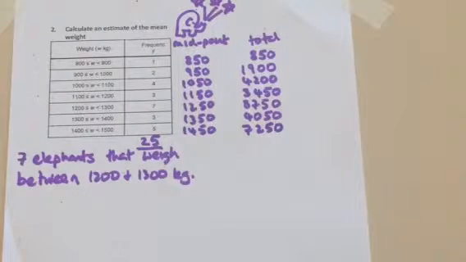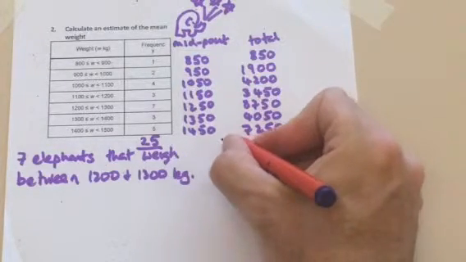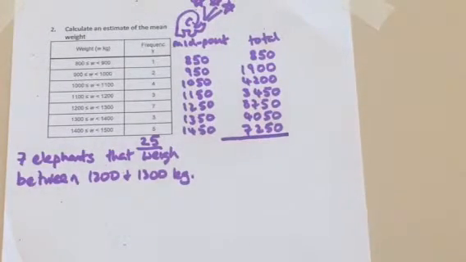Okay, so that is that table now completed. Okay, but what do I need to do? I need to work out what all the elephants all together weigh. So, how am I going to do that? That's right, I'm going to add up all the numbers in this column here.